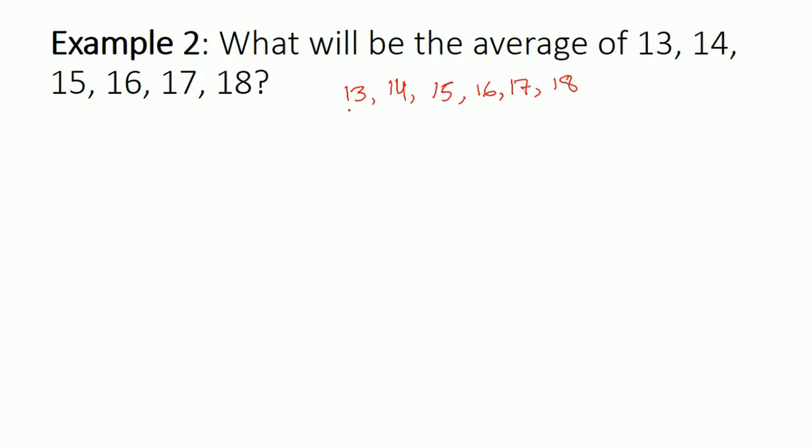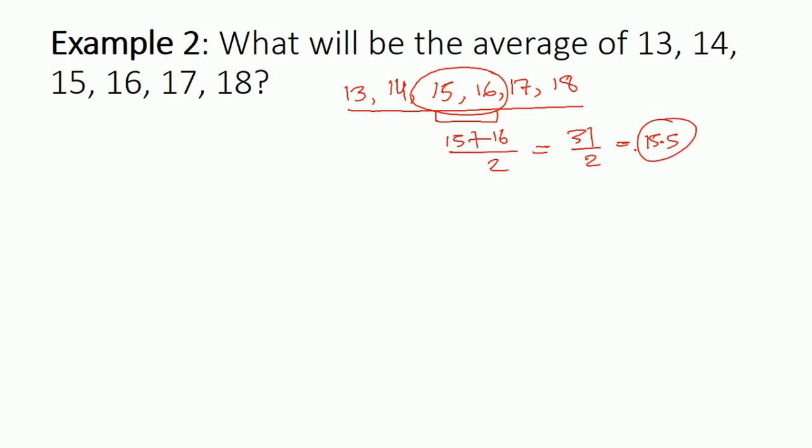So to calculate the average for an even-number series like this, you simply take the two middle numbers. In this case, the two middle numbers are 15 and 16, and you simply calculate the average of these two, and you'll get the average of the complete series quite easily. It's 15 plus 16 divided by 2, so it will give you 31 by 2, or 15.5. So the average for this whole series will be 15.5.